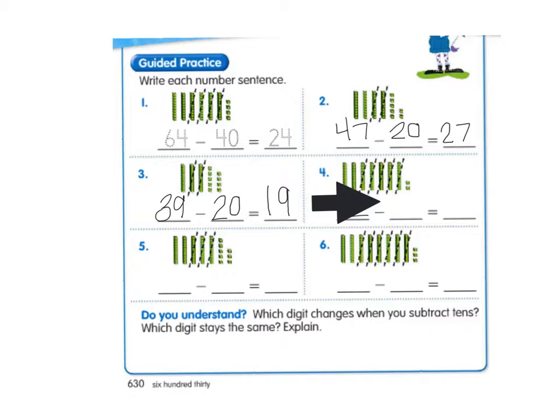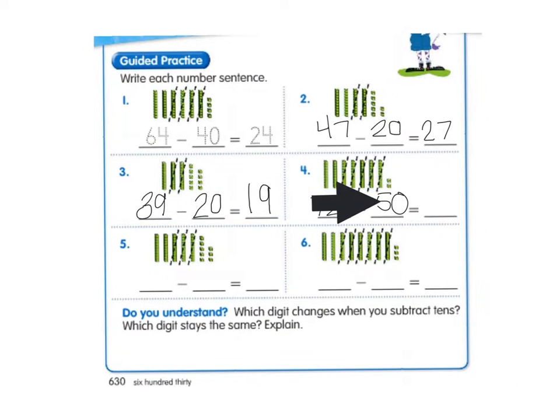That goes in the next space. And I have 10, 20, 21, 22 left over. That's my difference. Okay, go ahead and do 5 and 6 on your own, and when you're finished, go on to the next page.